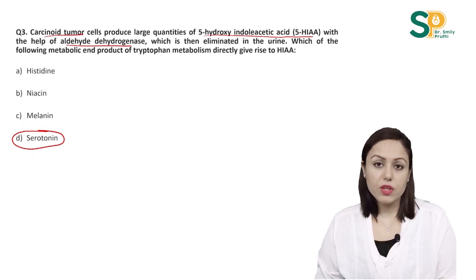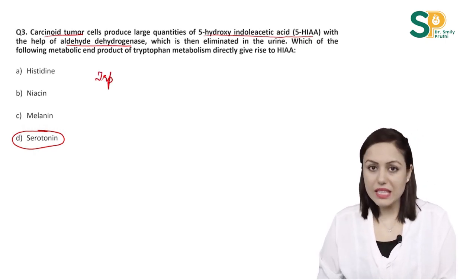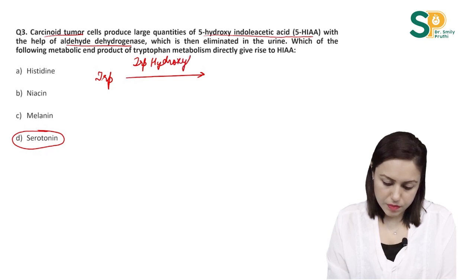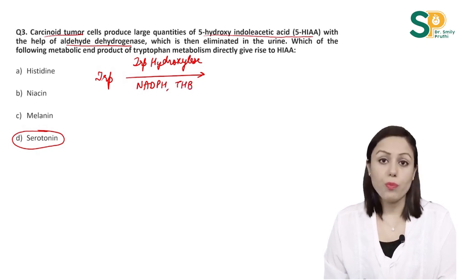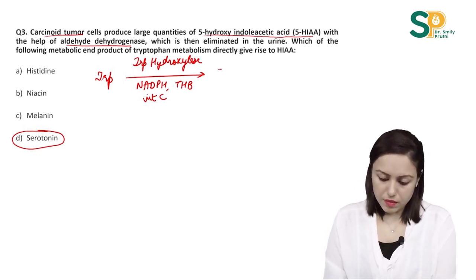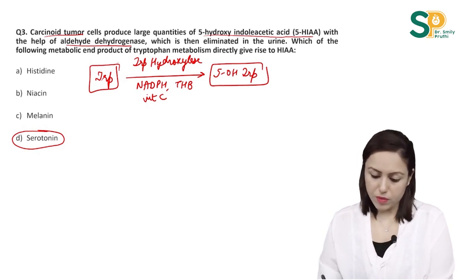So, let's see the biochemical reaction occurring here. Tryptophan, I am writing TRP for tryptophan. Tryptophan hydroxylase is the enzyme, and this enzyme requires NADPH, tetrahydrobiopterin and vitamin C. Then we get 5-hydroxytryptophan. So, tryptophan gets converted to 5-hydroxytryptophan.